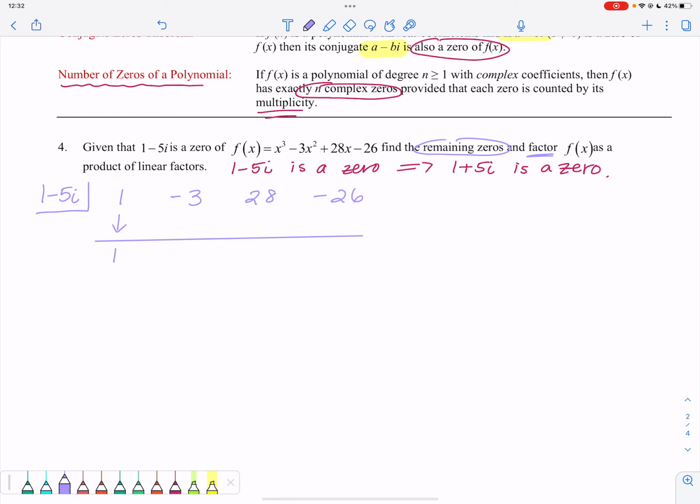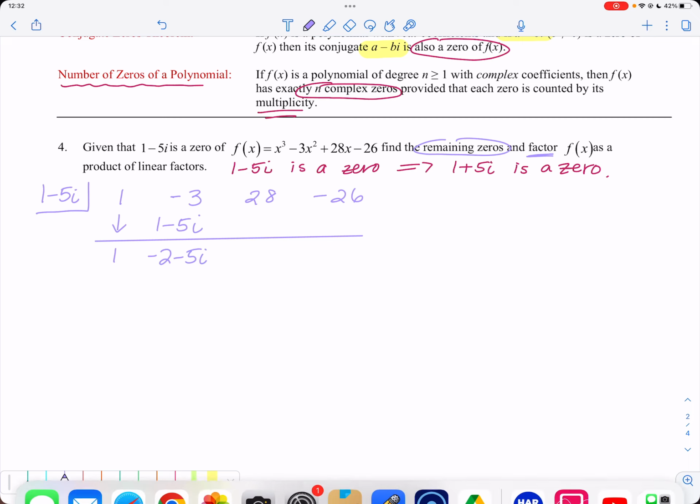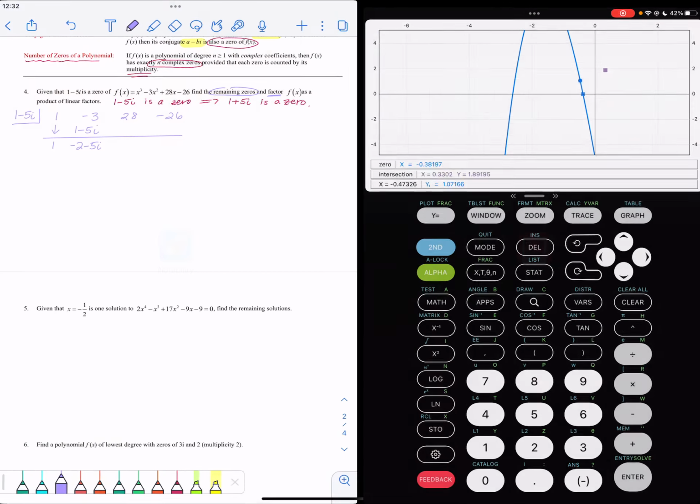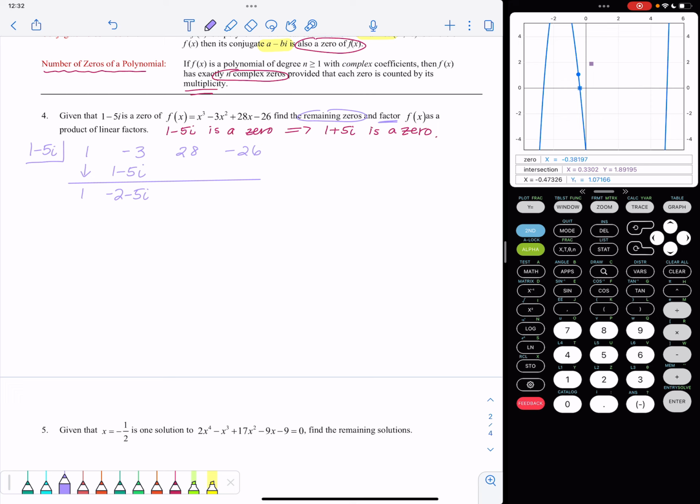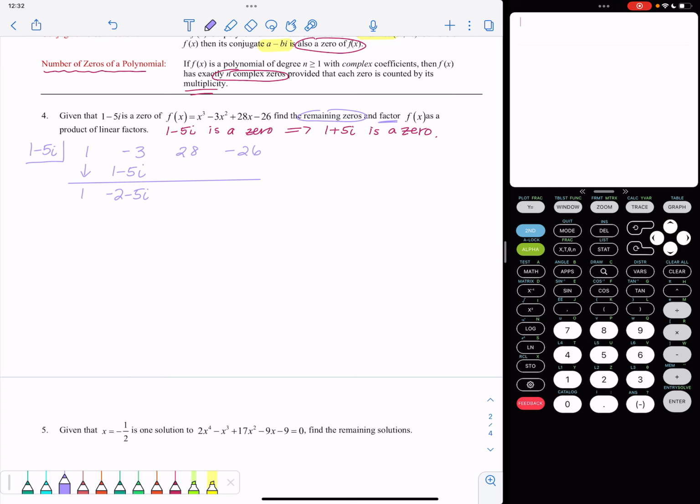So we'll drop the 1. And you can use your calculator to multiply these complex numbers out. Obviously, we learned this in a previous class, but we could still do that here. So if we're going to multiply 1 minus 5i by negative 2 minus 5i, and let me make sure I typed that in correctly, we can see that that's negative 27 plus 5i, okay?